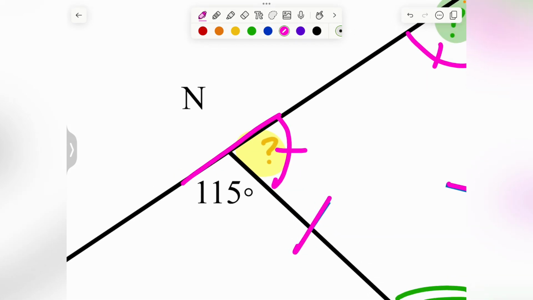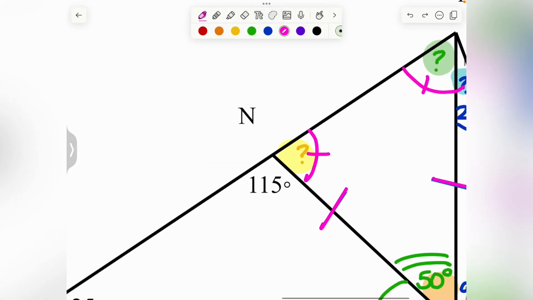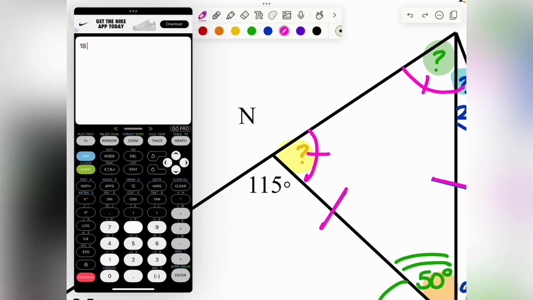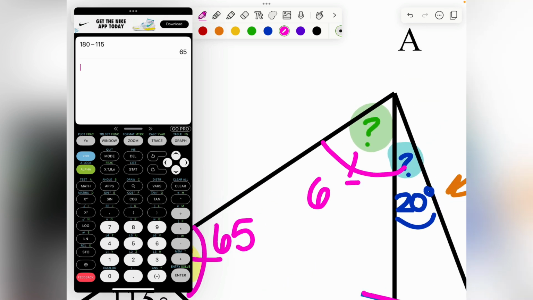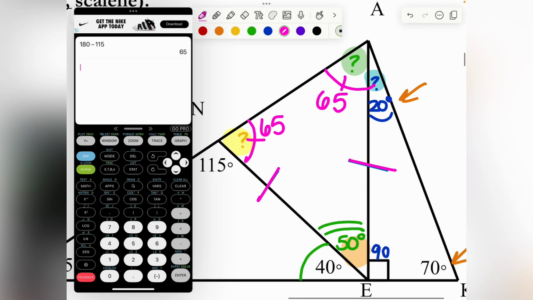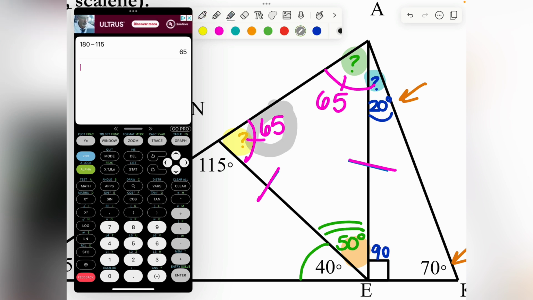Since these add to 180, if I take 180 minus 115, I get 65, which means this angle is 65, and this angle is 65 since they have to be congruent. And let's just double check. If I did this correct, then these three angles should add to 180. 65 plus 65 plus 50 is 180. So I feel good about all these angle measures.